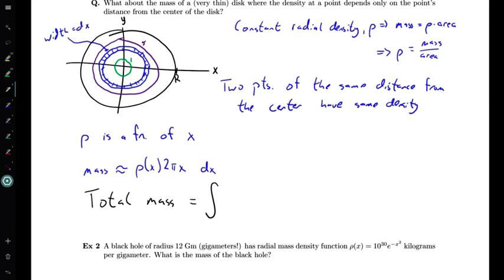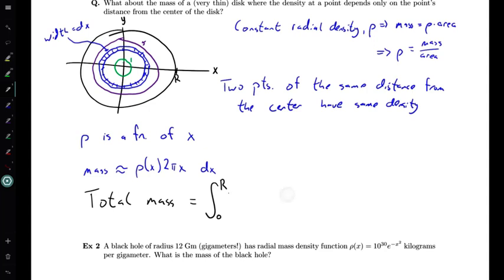So the total mass is going to be equal to the integral from the smallest x value. Well, x here we're thinking about as the radius of one of these circles, so the smallest possible radius that we could have would be 0. The largest possible radius that we can have is big R, and we want to integrate this, or we want to add up the masses of all of these little disks.